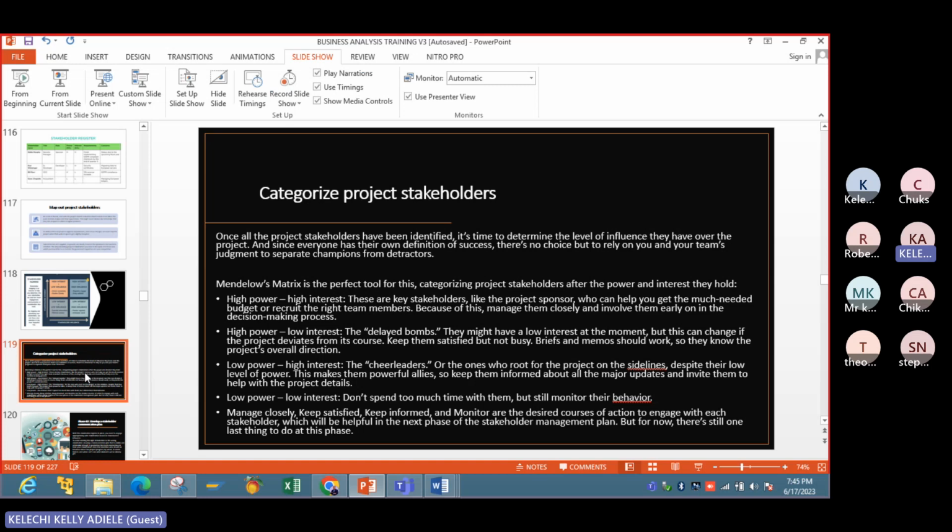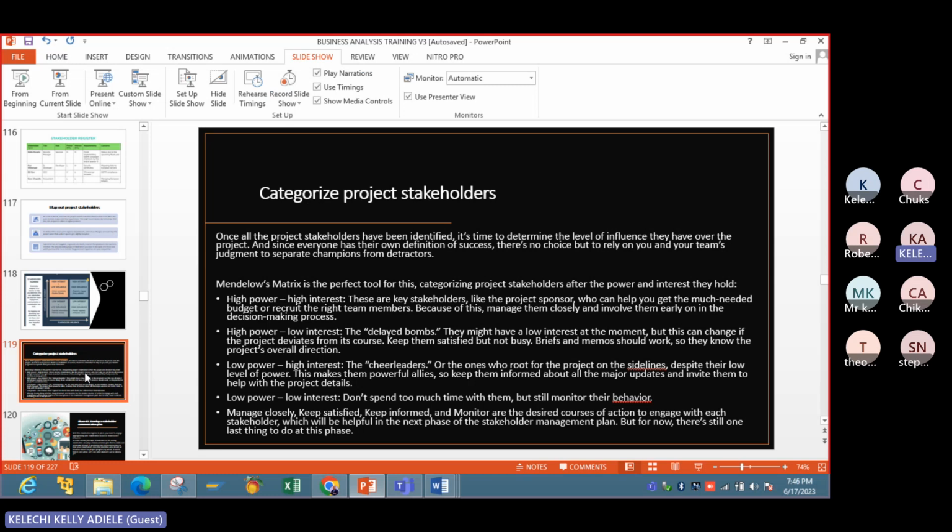High power, low interest: people like the son of the MD, who have power but are not so interested in what you're doing. Low power, high interest, like the accountant. Low power, low interest, like maybe one admin officer somewhere.